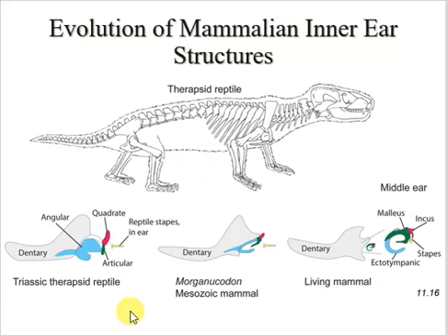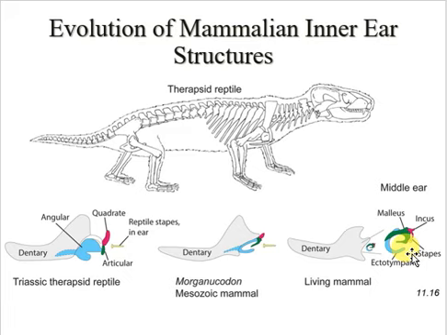So those structures are the remaining inner ear bones. The quadrate bone of the reptilian jaw evolved into the mammalian incus bone of the middle ear. The articular bone evolved into our malleus, and then the reptilian stapes remained the stapes and is the same stapes in mammalian ears.